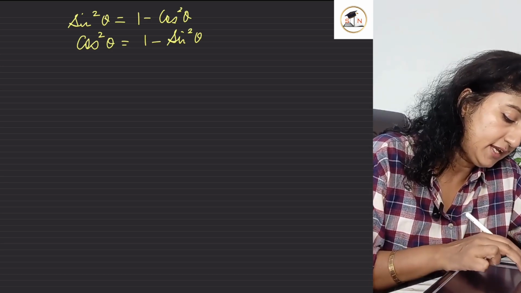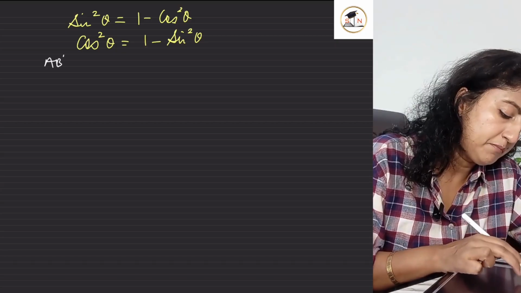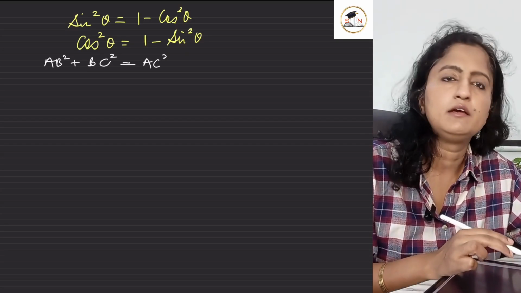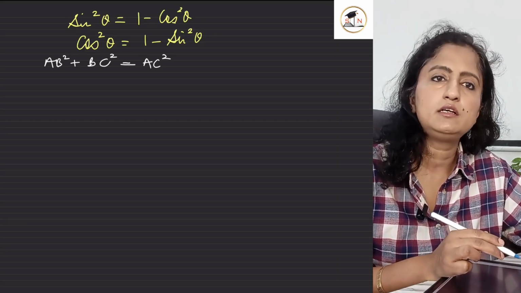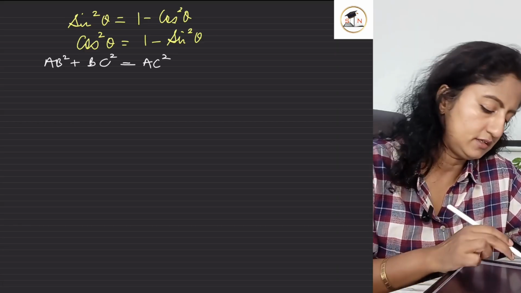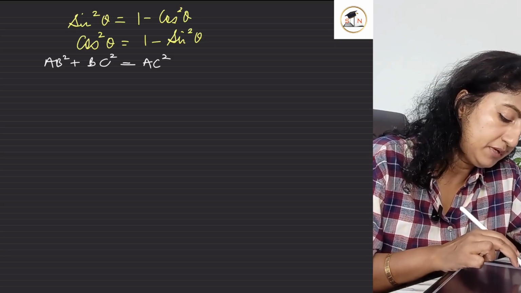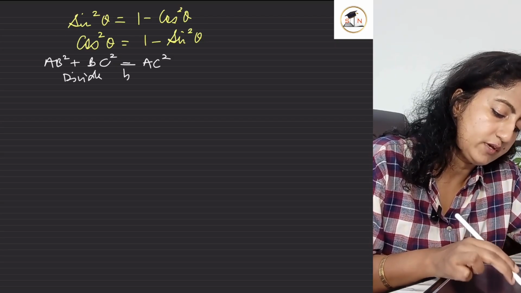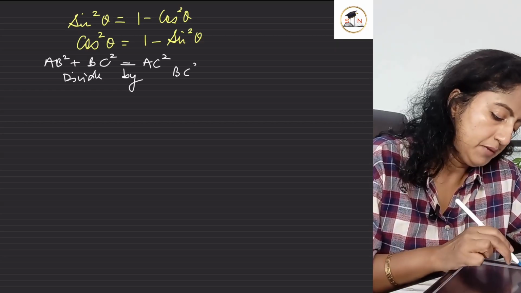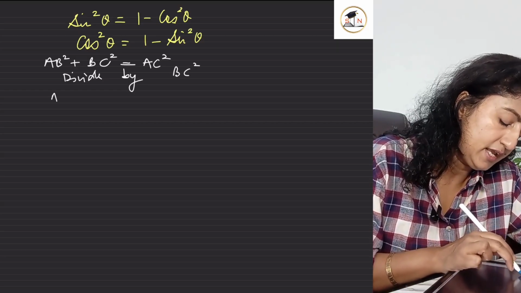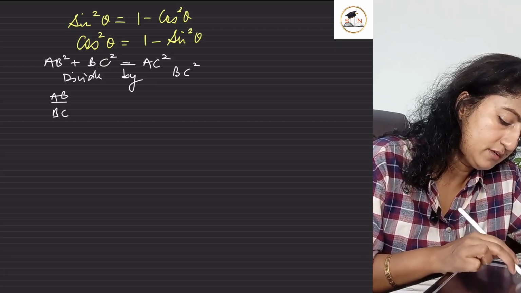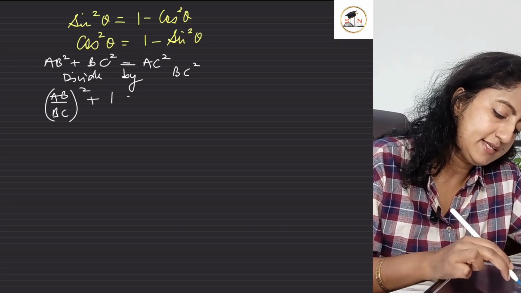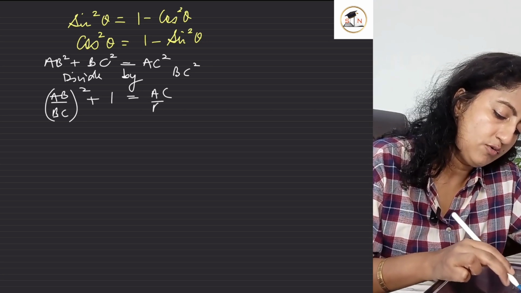In the second also we will do the same. We have AB square plus BC square equals AC square from the right angle triangle, right? Earlier, what did we divide by? We divided by AC square. Now what will we divide by? Now we will divide by BC square. Okay, dividing by BC square, what will we get? AB by BC whole square plus BC square by BC square, that is 1, equals AC by BC whole square.